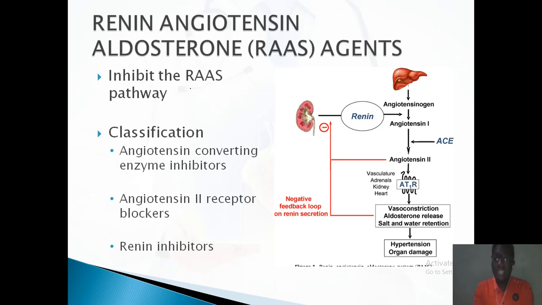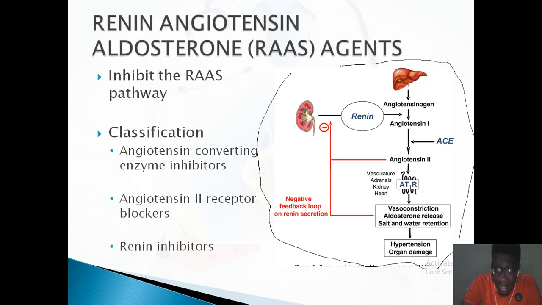Angiotensin 2 is the mastermind behind everything. So this is the RAS pathway, just a very, very brief description. This is physiology actually.